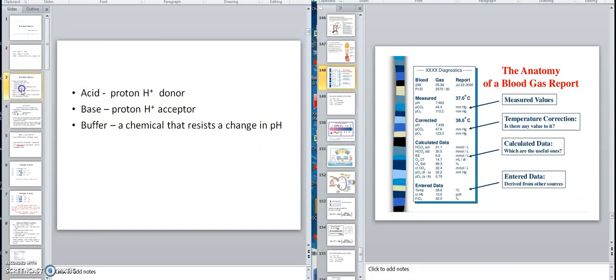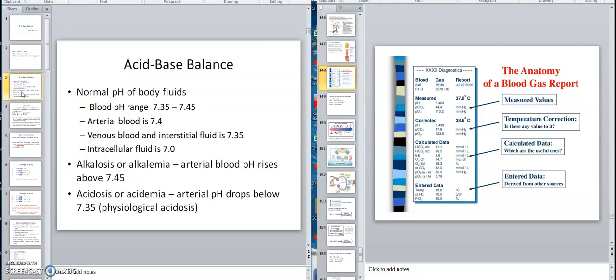Okay, so let's go further. The normal pH of your body fluids is this. The pH of the blood is about a 7.35 to 7.45. That's what you want to hold the blood pH in. The blood pH, about a 7.35 to 7.45.